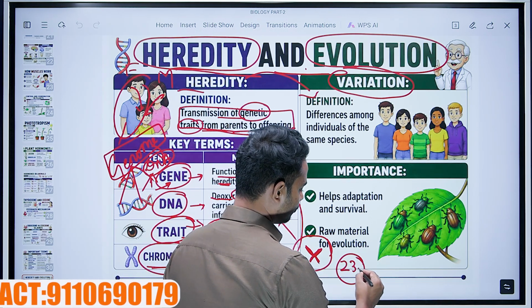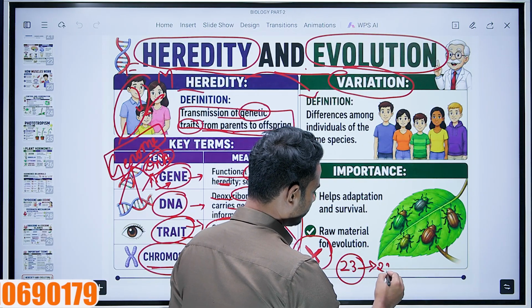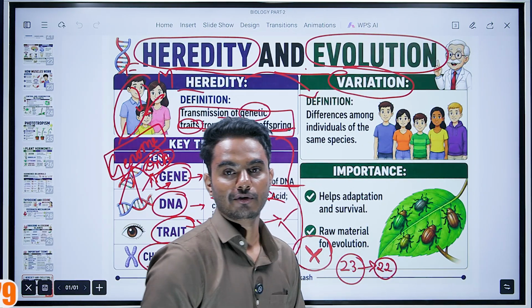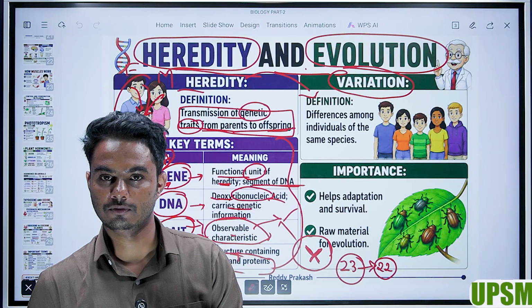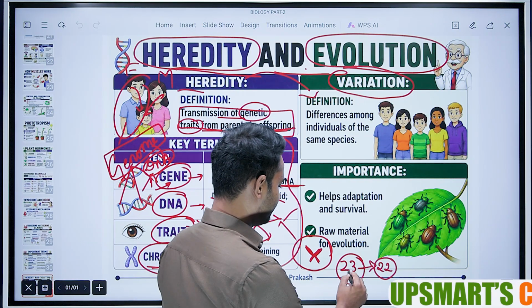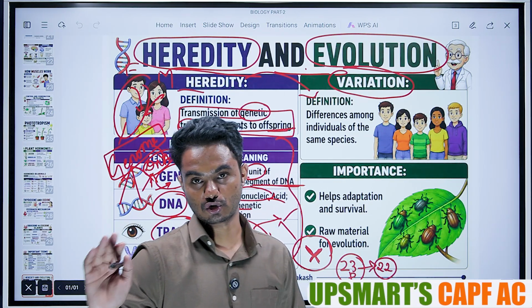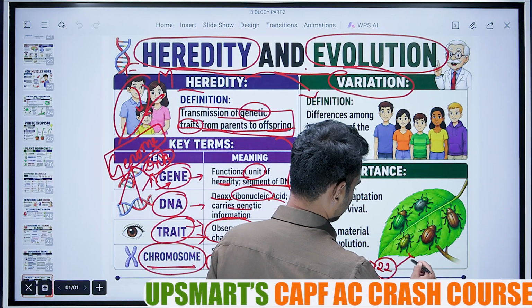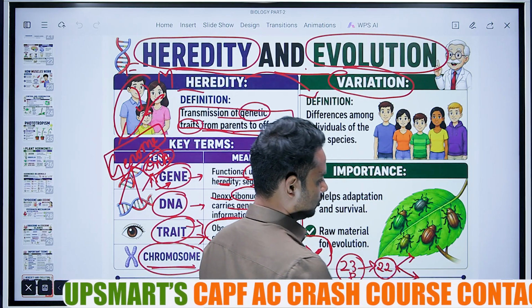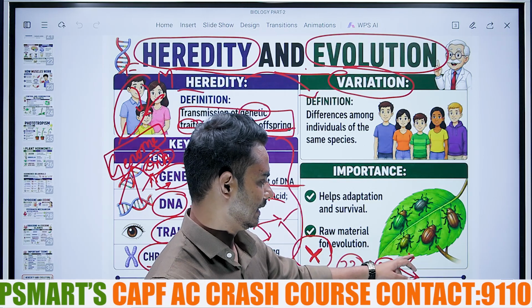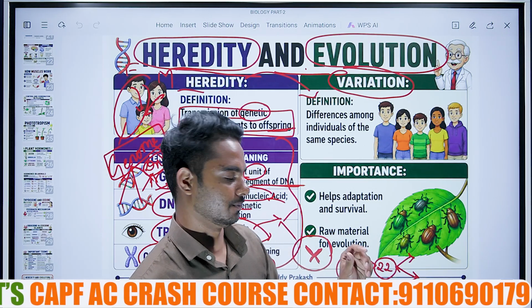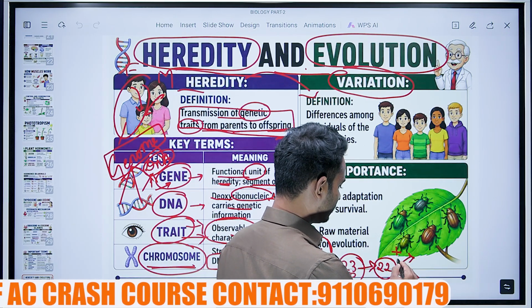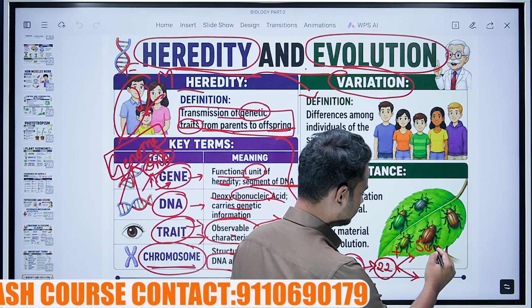In that, 22 pairs are common for every male and female. 23 pairs or 46 chromosomes. 22 pairs are common. The other one is called the sex chromosome. 22 plus 1 chromosome, that is the sex chromosome.